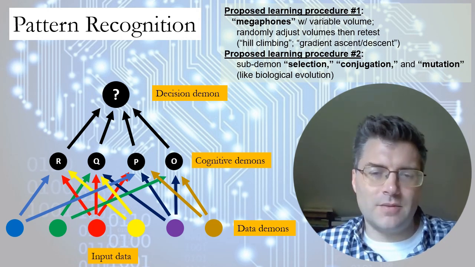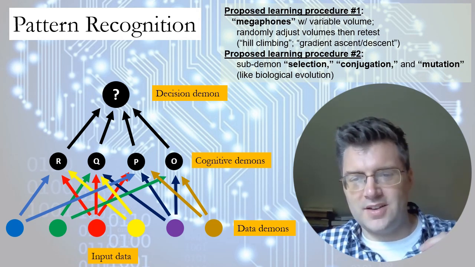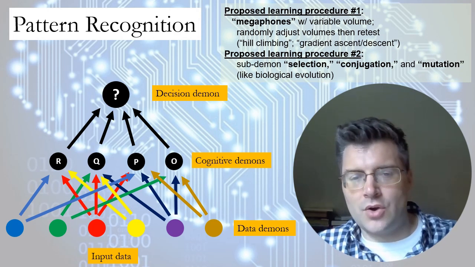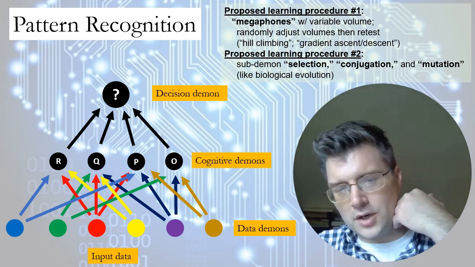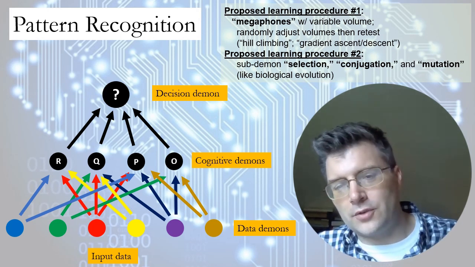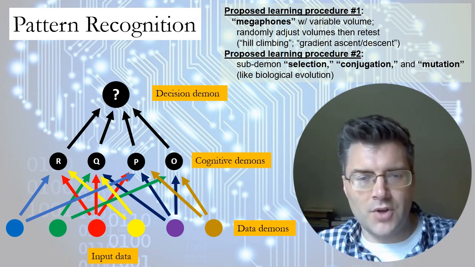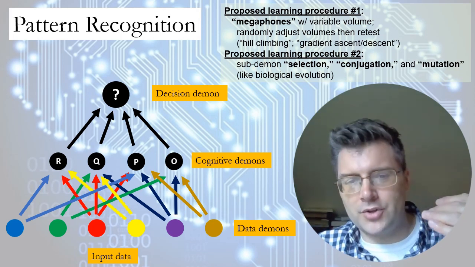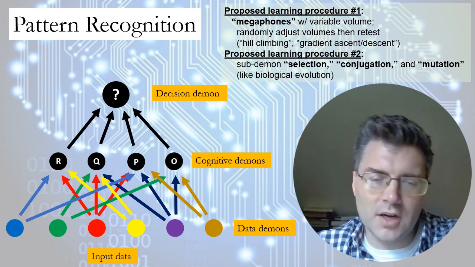One is that we could have the volume of basically the arrows here be adjustable. And so it could be that when the blue demon calls out to R, that calling is weighted less heavily than the calling to R from the red demon. Likewise, it could be that the calling to the decision demon from the R demon is at a lower volume or a higher volume than the calling to the decision demon by the Q cognitive demon.